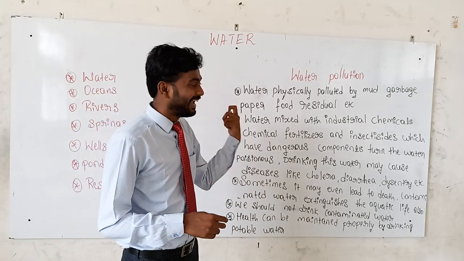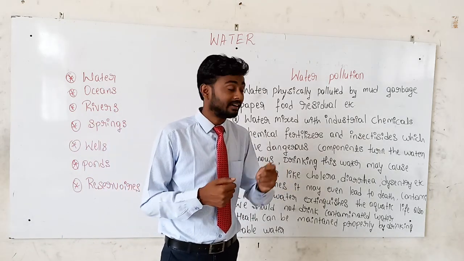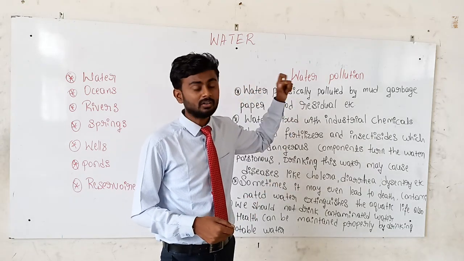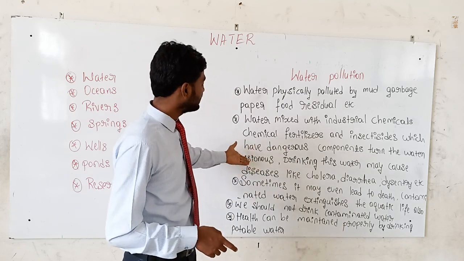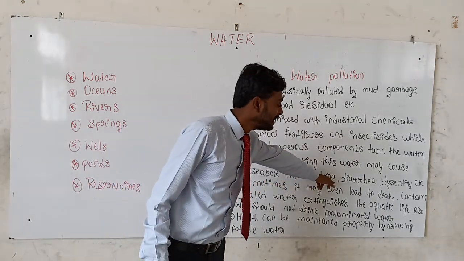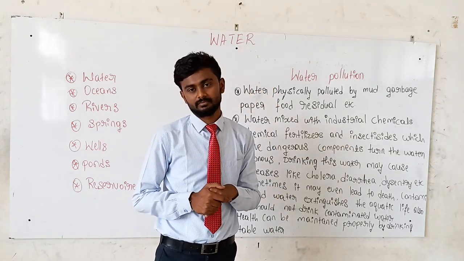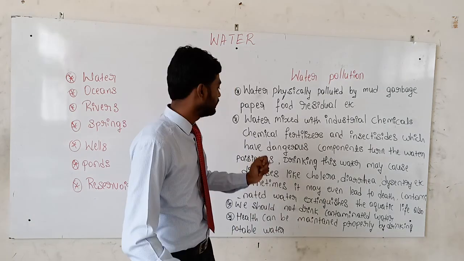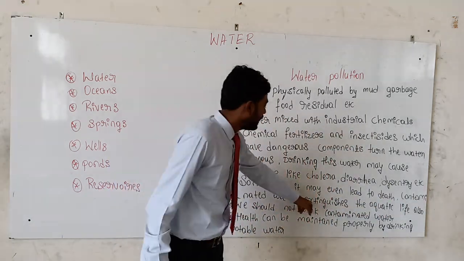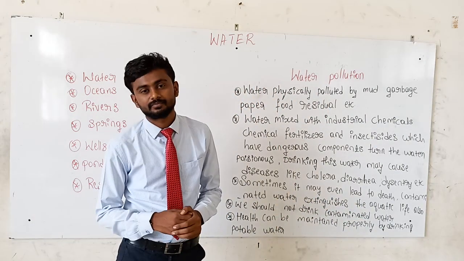If animals or human beings, any kind of animals, drink this contaminated, polluted, or poisonous water, it may even lead to death also. Okay. Next, contaminated water extinguishes aquatic life also.